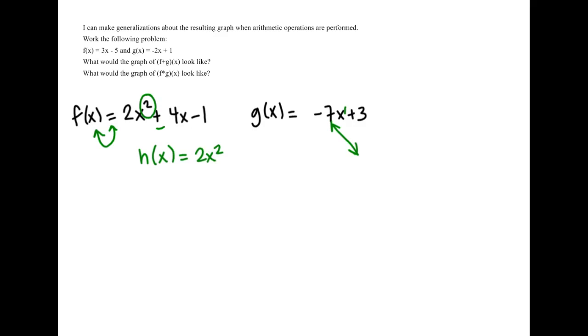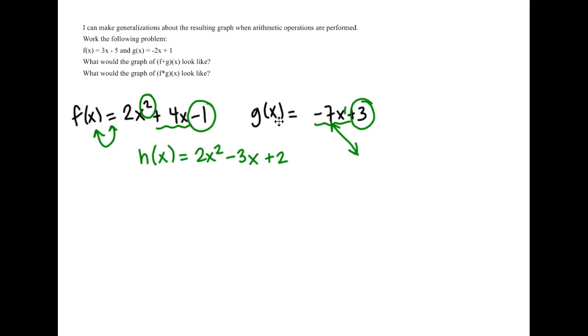Then I add the positive 4x and the negative 7x. 4 and negative 7 is negative 3x. And then the minus 1 plus 3 makes a positive 2. So my new function, and you can check it on Desmos if you'd like, is still a quadratic. Even if this g of x had been a quadratic, my resulting function would have been quadratic.